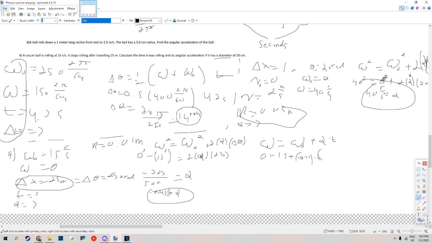So let's isolate our variable time. Negative 15 over negative 0.45 equals time, and this tells us that our time is equal to 33.3 repeating seconds. And yeah, that's it. Hope this helps. Bye.